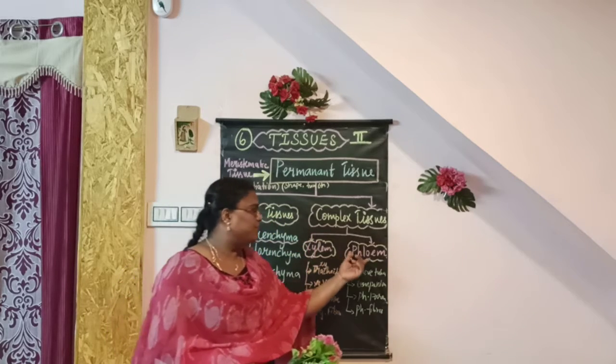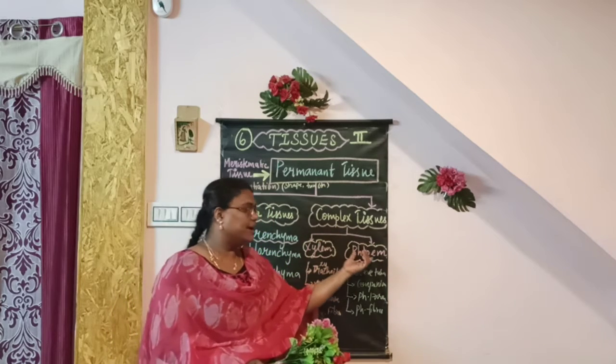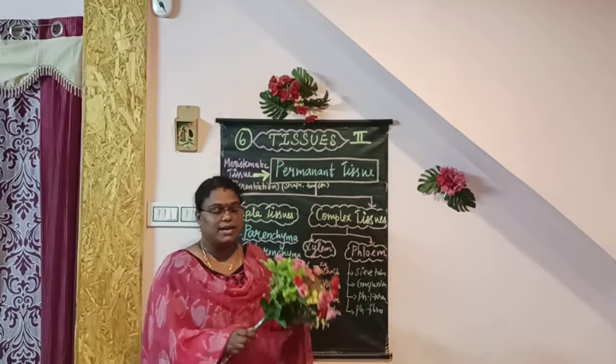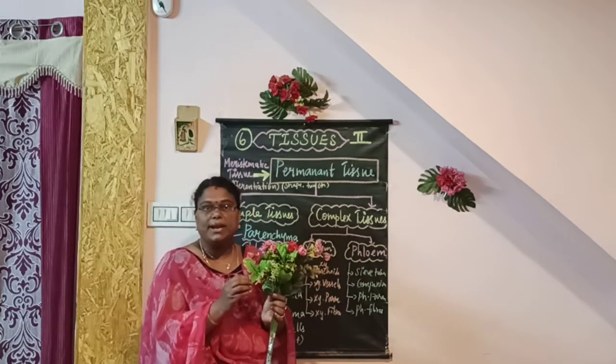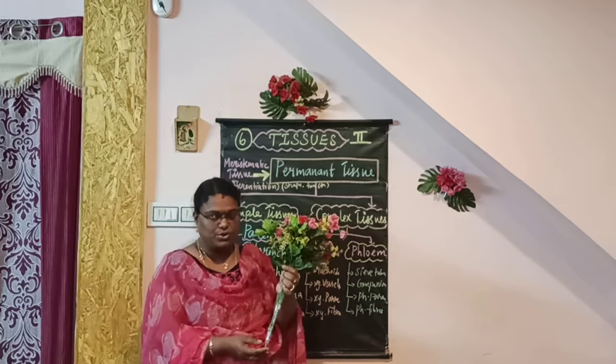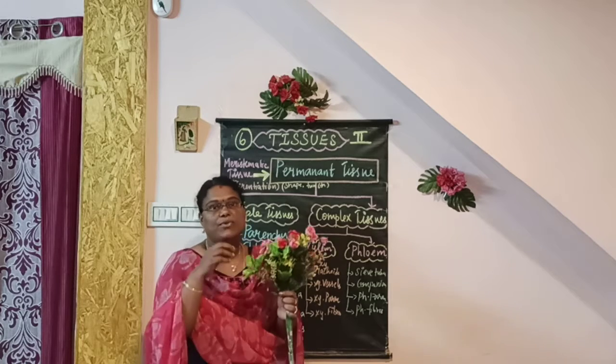And next one is phloem. This is a conducting vessel which transports food materials. The food is prepared in the leaf and it is transported to the flower and the root, which cannot undergo photosynthesis because of the lack of chlorophyll.